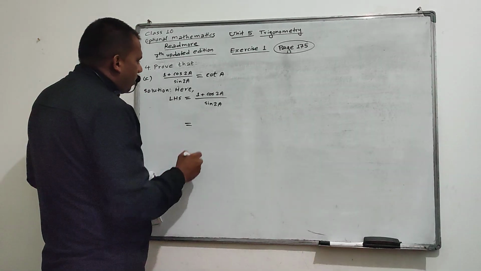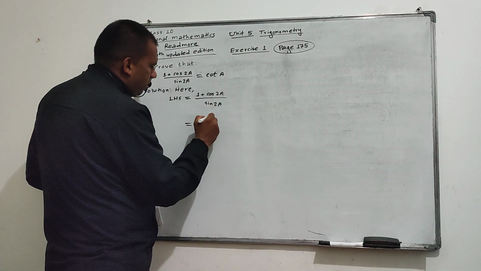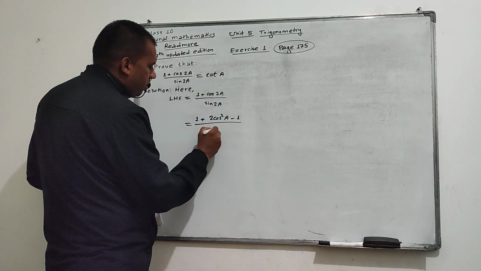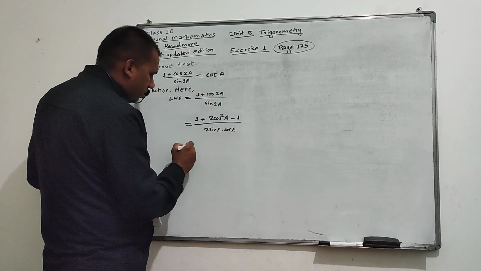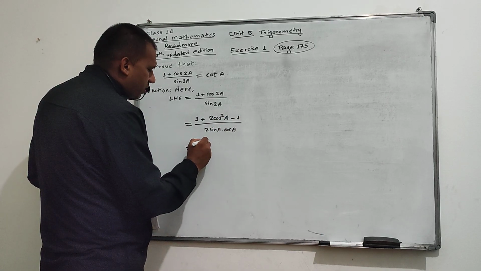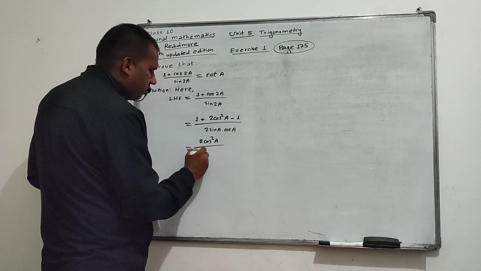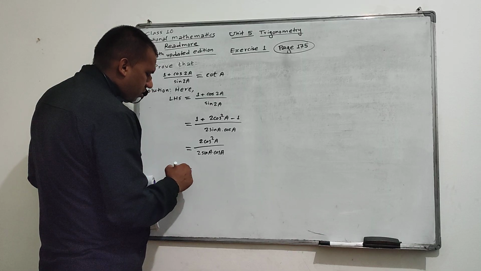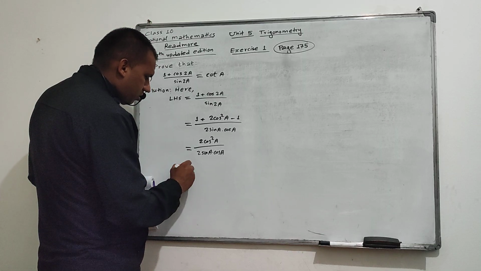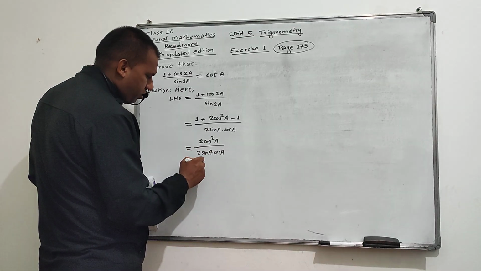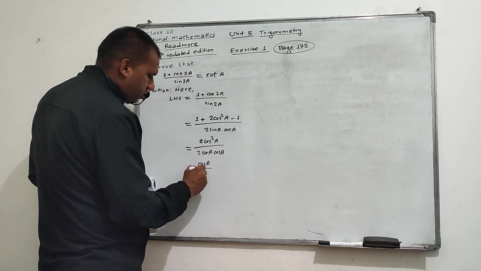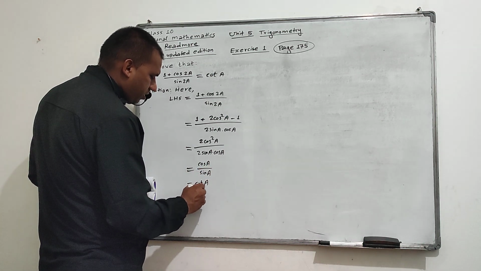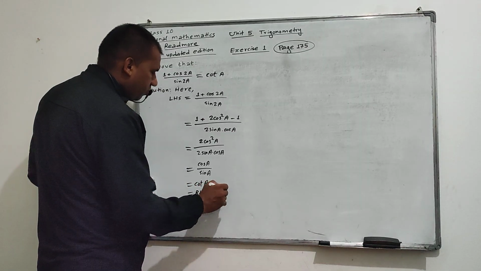Now 1 plus cos 2a, cos 2a is 2 cos square a minus 1, whole upon sin 2a, which is 2 sin a cos a. 1 minus 1 cancels out, remaining 2 cos square a upon 2 sin a cos a. 2 cancels out, square and cos a cancel out, remaining cos a upon sin a, that is cot a, which is the RHS. So it is proved.